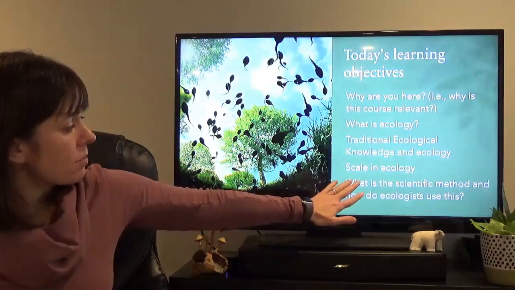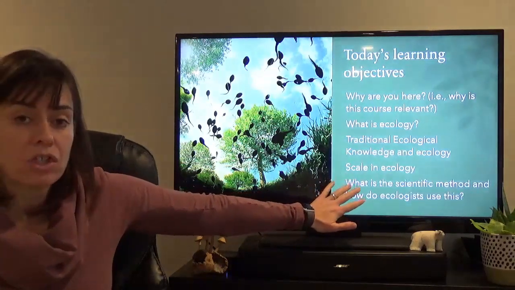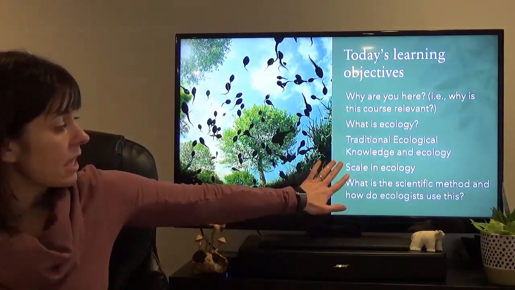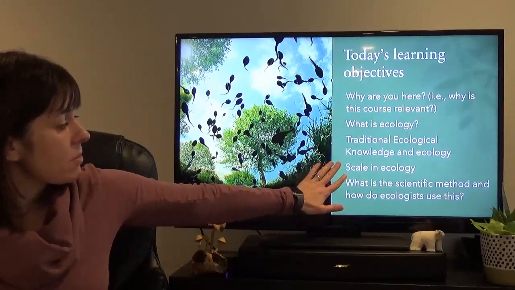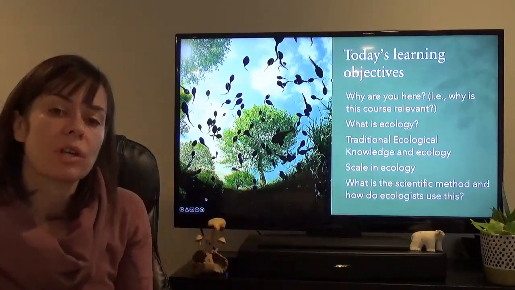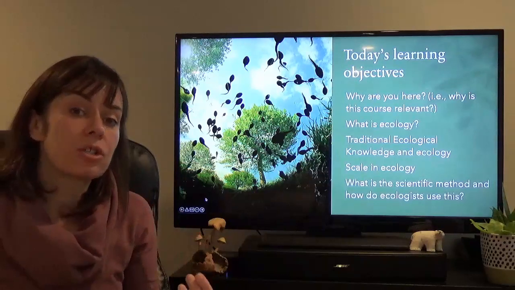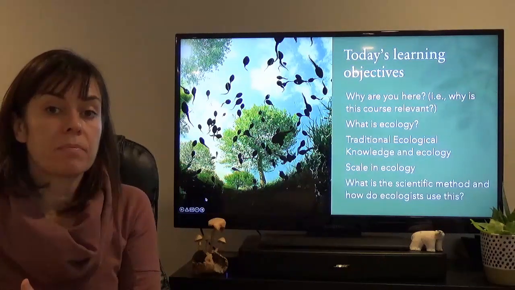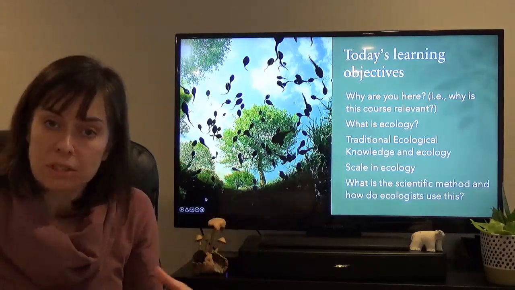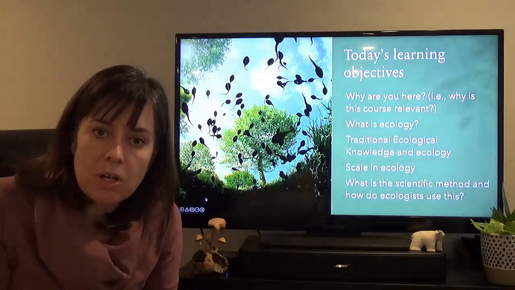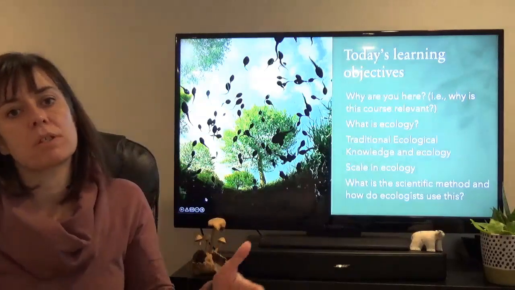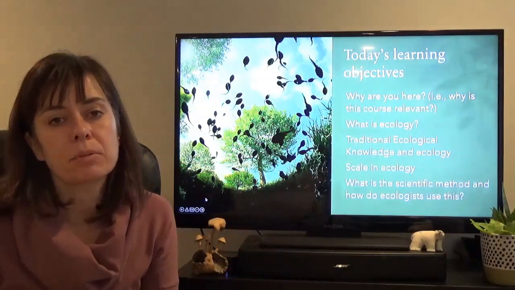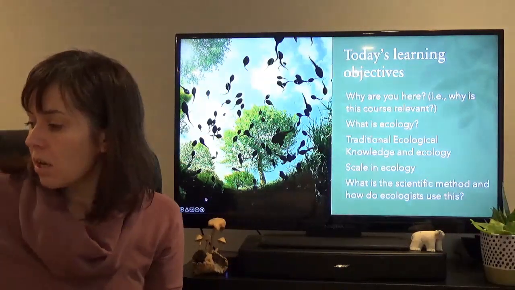We'll talk about the scientific method and how ecologists use this, and then we'll talk about scale in ecology. And when we think about scale in ecology, this will really structure the nature of the course, the way the course is taught through the term. We start at a fairly small scale of the individual and move up to the very large scale of the landscape or the planet.